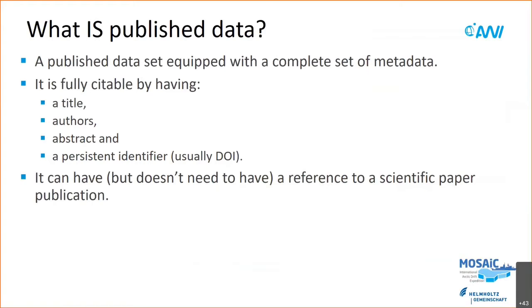So a published data set, in addition to that, is equipped with a complete set of metadata, and it is fully citable. So that means, like a published paper, it has a title, it has authors, an abstract, and a persistent identifier, DOI, in our case. It can, but doesn't have to, have a reference to a scientific paper publication.